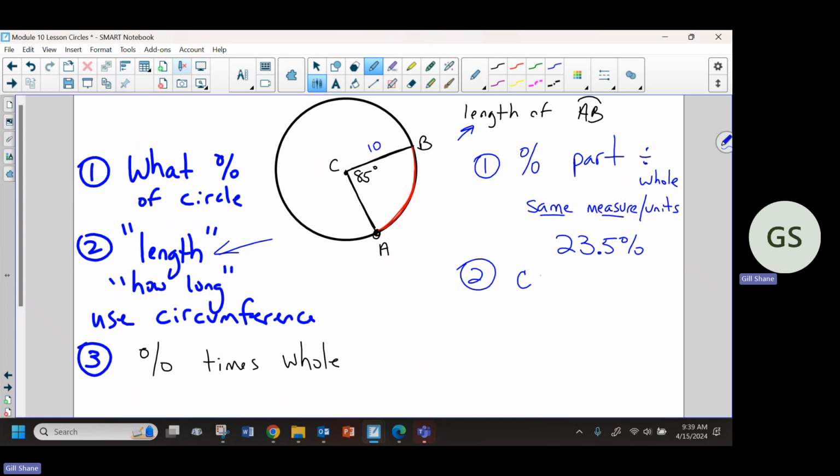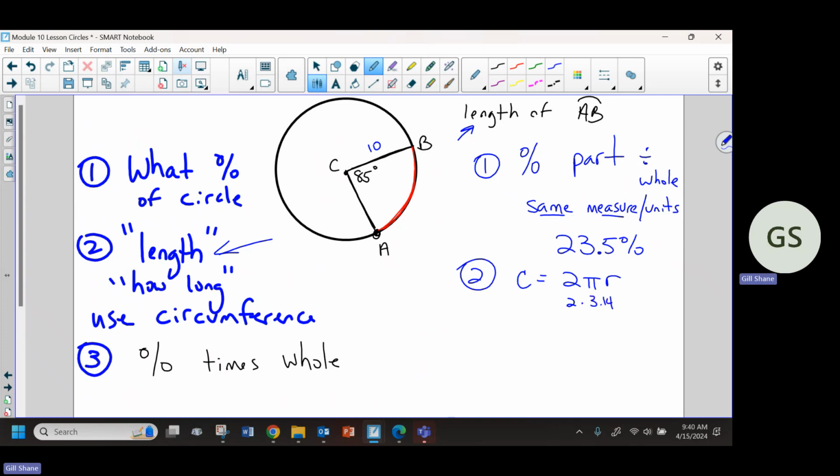And so I'm going to use the formula that is 2 times pi times r. Again, make sure you use the correct formula based on the number they give you. So 2 times pi times r would be, I'm just going to round it.